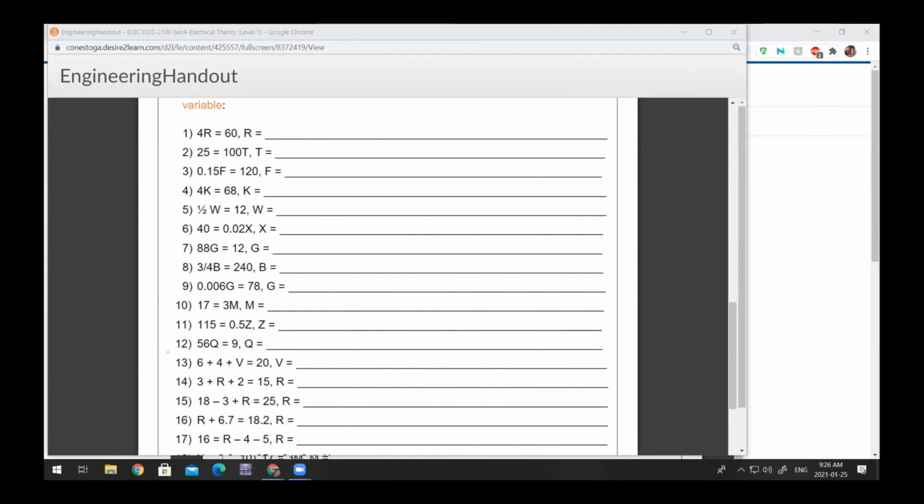Okay, what about problem number 13? Right here. What is the value for V? Probably you didn't even transpose it.